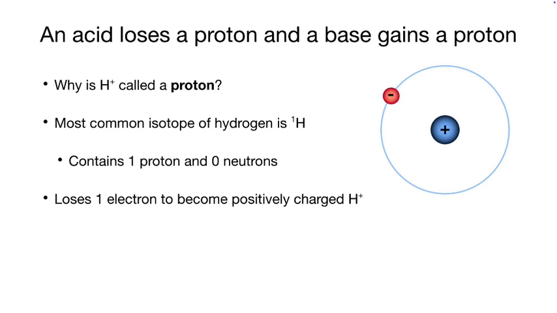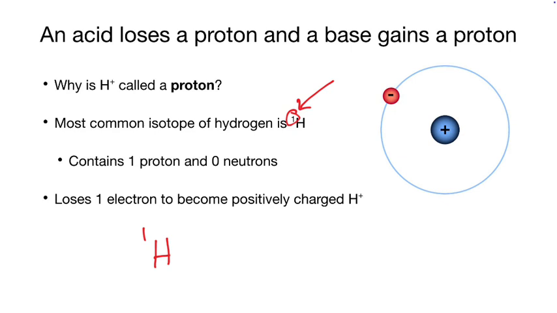I want to add one more thing to this because it's popping up in OChem. What does this 1 mean? That one right there. What gets written in the upper left-hand corner? The mass.